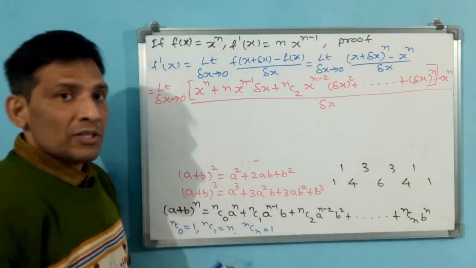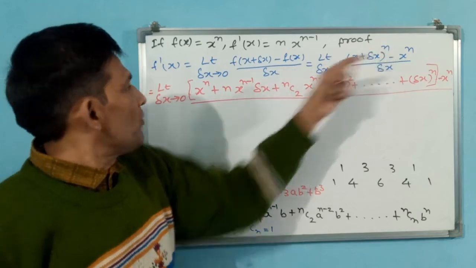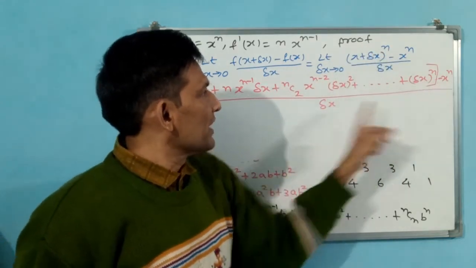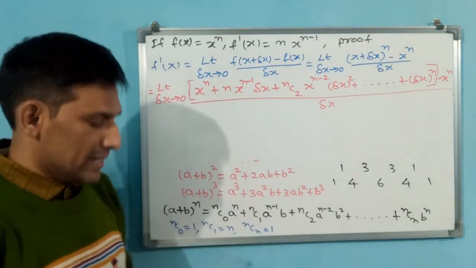You understand now? (x plus delta x) whole power n expansion is this one under bracket, minus x power n, divided by delta x. Okay.